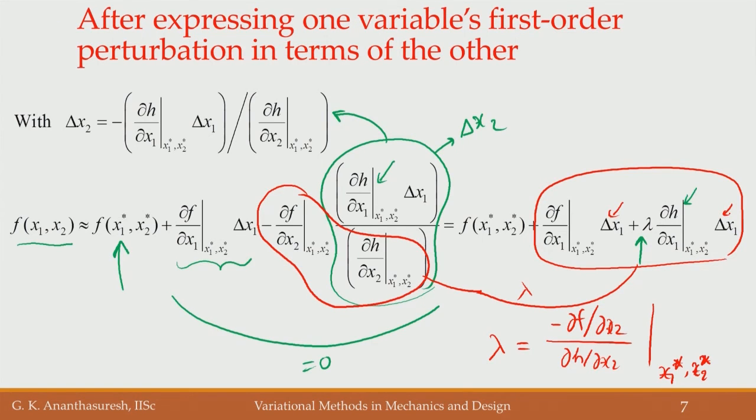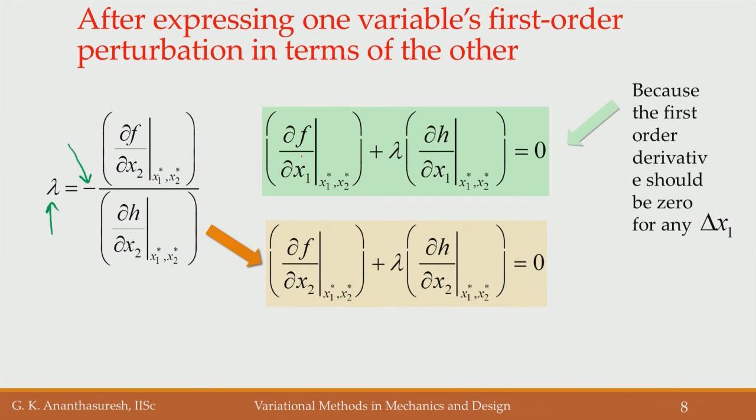So, what we get here is that dou f by dou x 1 plus lambda times dou h by dou x 1 equal to 0, that is what we have shown there, the previous one. But the way we have defined lambda over here, that leads to this equation. All right.